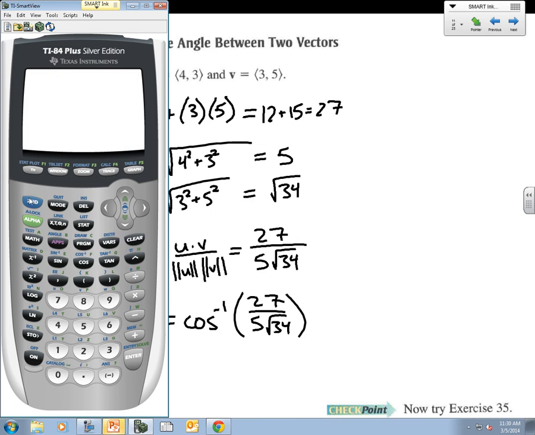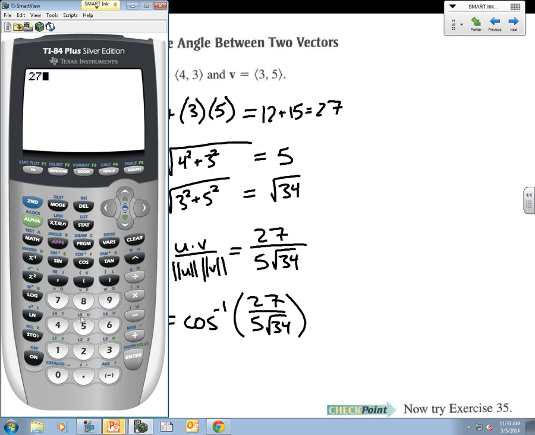And so we're going to go inverse cos of 27 over 5 root 34. And our answer is going to be, oops, what did I mess up here?